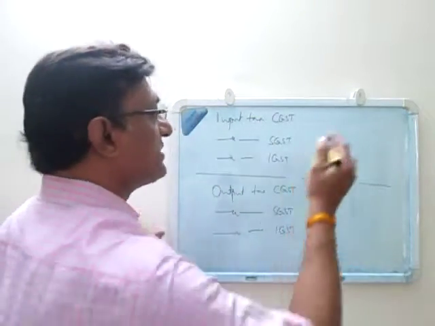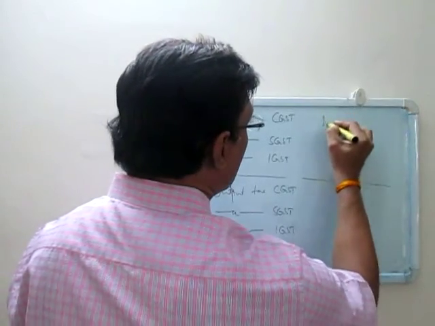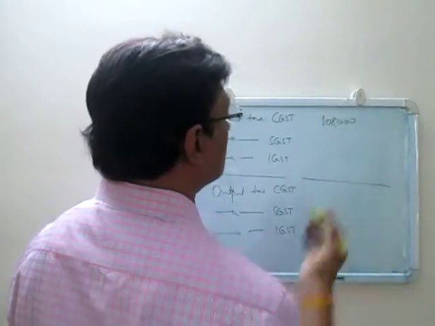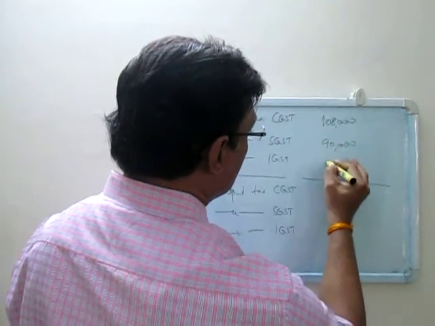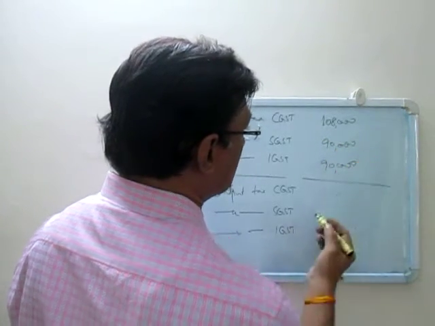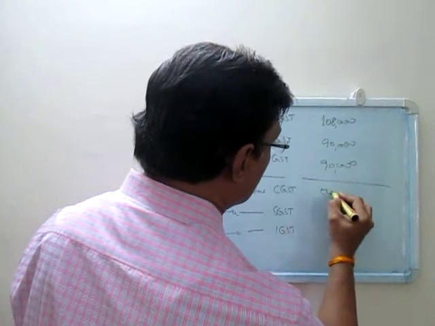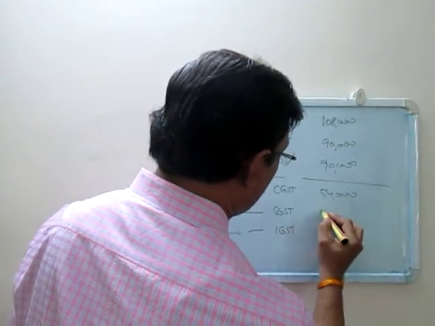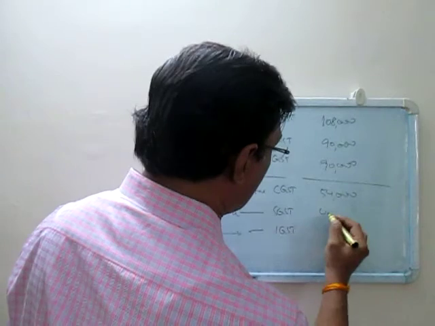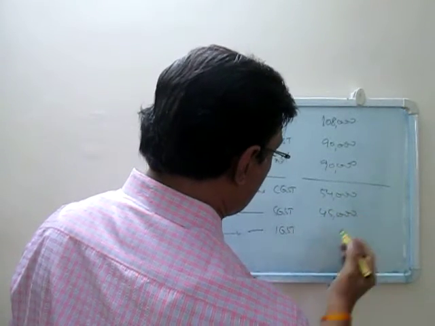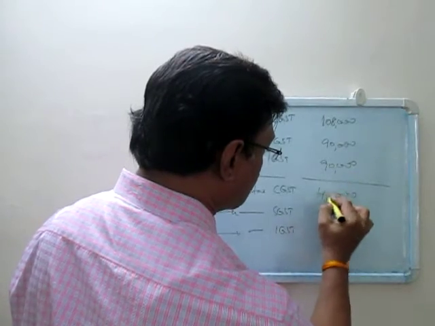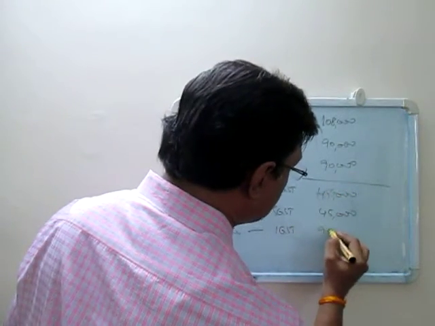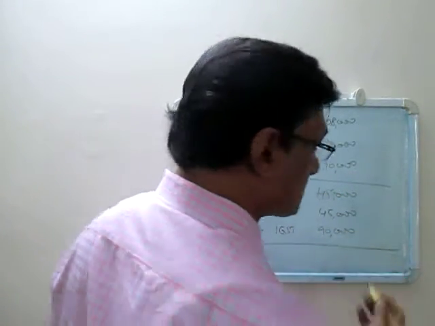Let's take certain figures. Let us say this comes to about 1,08,000. This comes to about 90,000. This is about 54,000. They are usually equal, so I'll make it 45,000, 45,000, and let us say the IGST is 90,000.